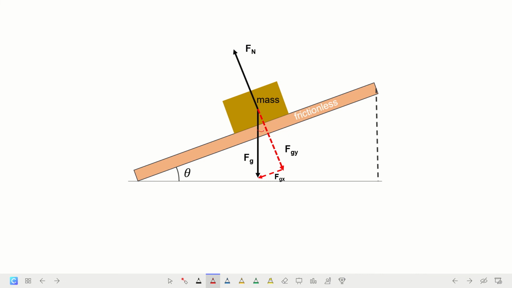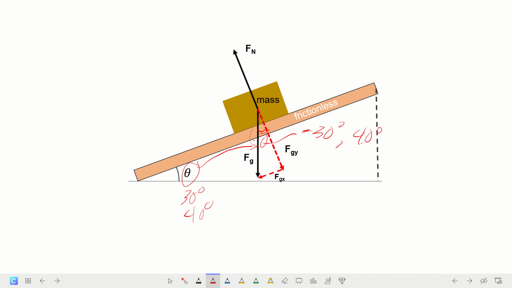Meron tayo ditong angle, and this angle is equal to this angle. So yan, the same siya. So therefore, if this is 30 degrees, then this angle would also be 30 degrees. So if this is 40, that would also be 40 because they have the same magnitude, this angle and this angle.